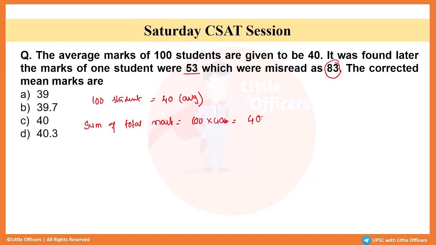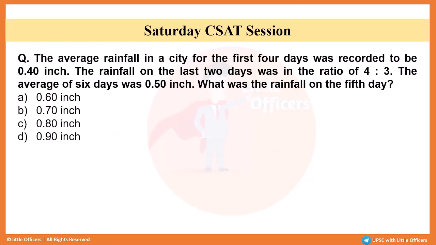This will be 4000. बट इसमें एक एरर है, यहां पर एक्चुअली 53 को जगह 83 कर रखा है. सो व्हाट वी विल डू इज इसमें से -83 करेंगे प्लस 53 करेंगे. दैट मींस ओवरऑल -30 करना पड़ेगा. सो ओवरऑल -30 करेंगे तो कितना आएगा? 3970 आएगा. बट नंबर ऑफ स्टूडेंट्स आर सेम, उसमें तो कोई चेंज नहीं है, दैट इज 100. सो एवरेज कितना आएगा? 39.7. सो दिस इज द न्यू एवरेज आफ्टर correcting the marks. Simple. ठीक है.